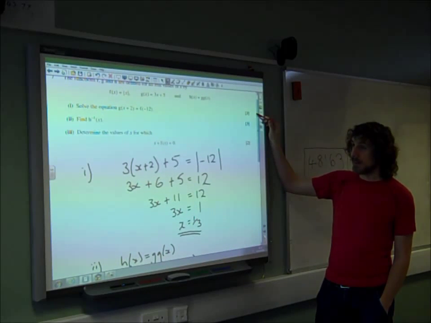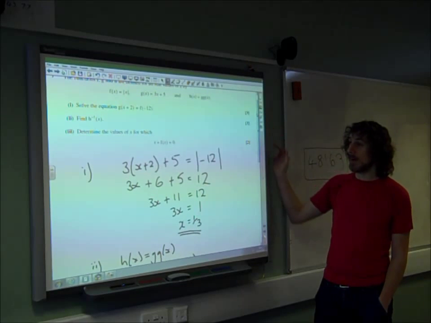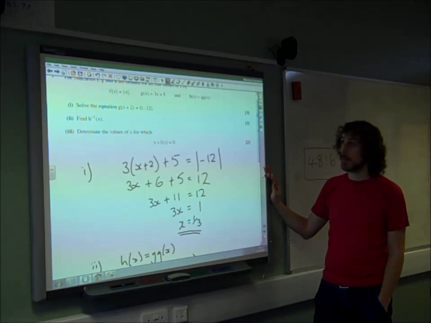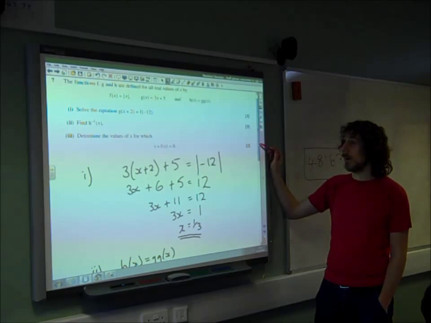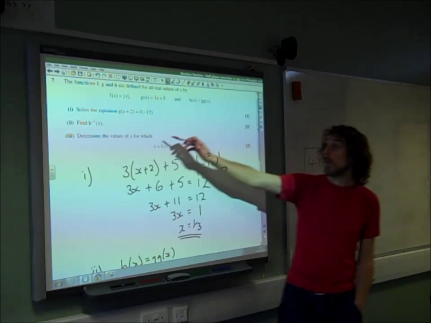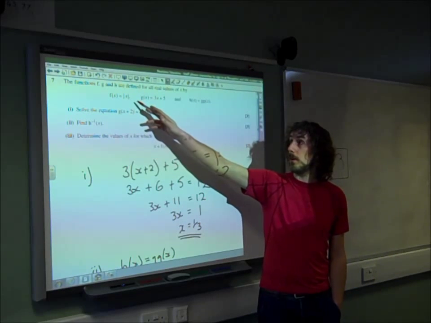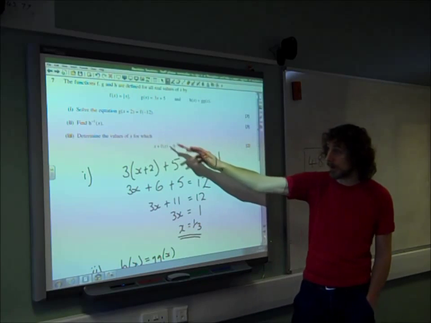The last part says, determine the values of x for which x plus f of x equals 0. Okay, so again, we're just trying to take what the original functions were and interpret what the question's asked.